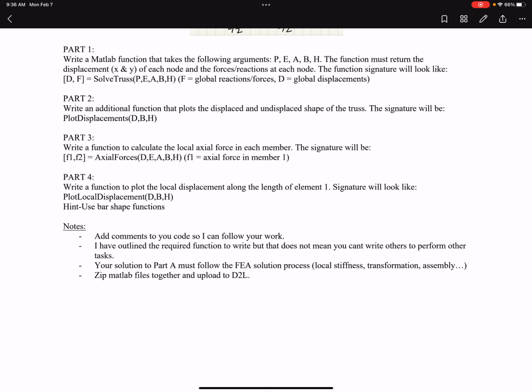And then when you go into a script, as long as that script file is in the same folder, your function is essentially going to be its own file. It's a .m file. It'll say solve truss.m or something, right? So then I'd be able to open a script that has your functions in it, and I can say, all right, I want to solve truss and I want to put in these inputs, and it should pump me out the D and F.